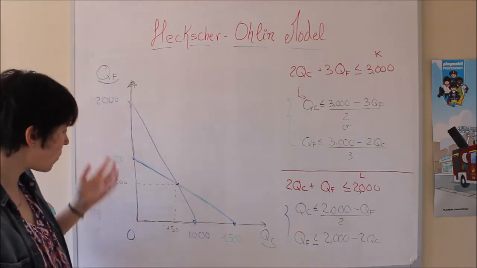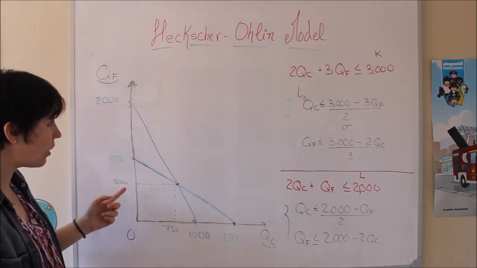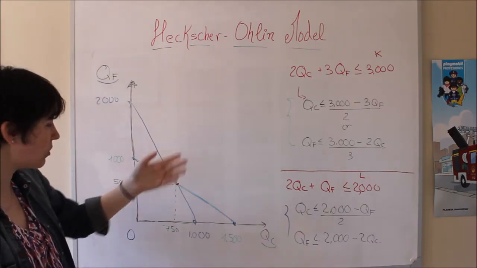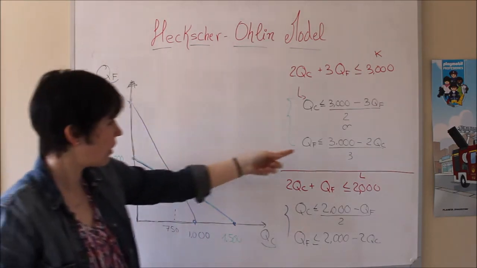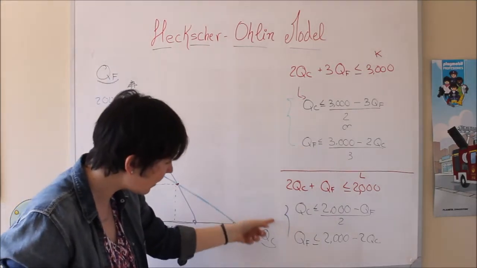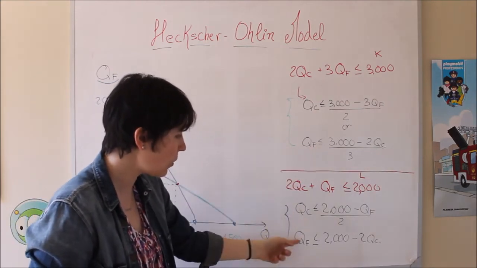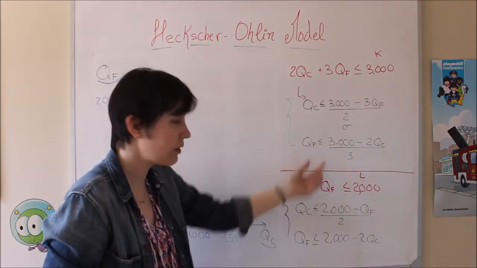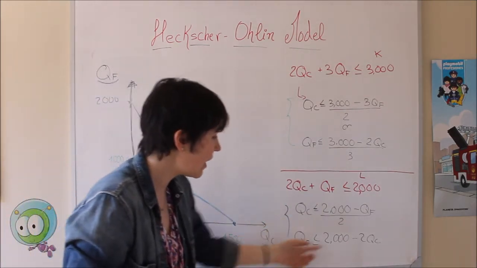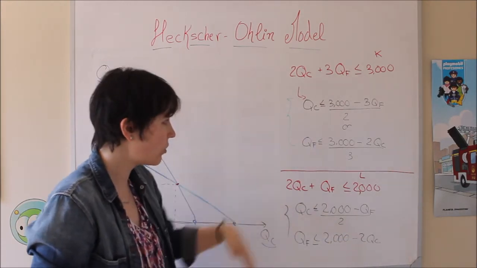It's when the quantity produced in the food industry is equal, considering both equations. So food in the capital case is here. Food in the labor case is this one. So when you put this equal to this, you are going to get the quantity of cloth where both equations are equal.